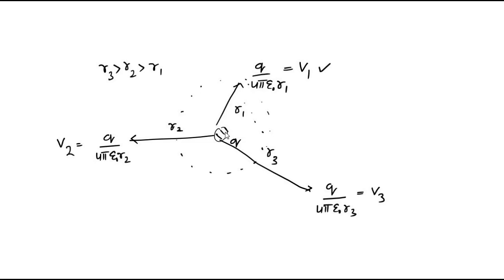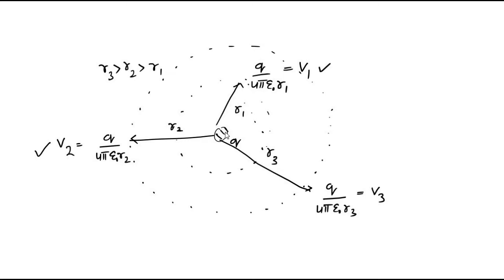Similarly, we can imagine a sphere of radius r2, and all the points located on that sphere will be at the same potential V2. It is also an equipotential surface. Similarly, a sphere with radius r3 will also be an equipotential sphere.